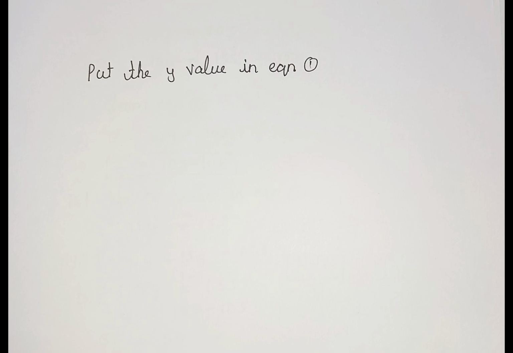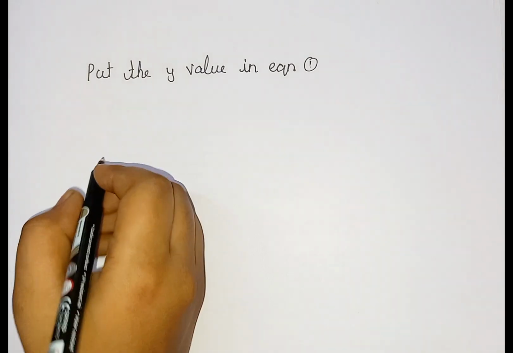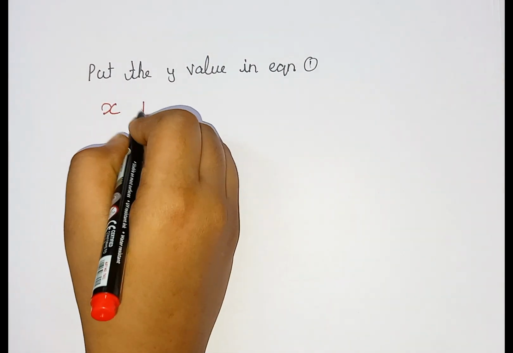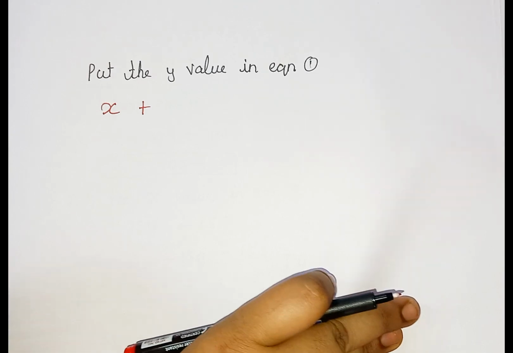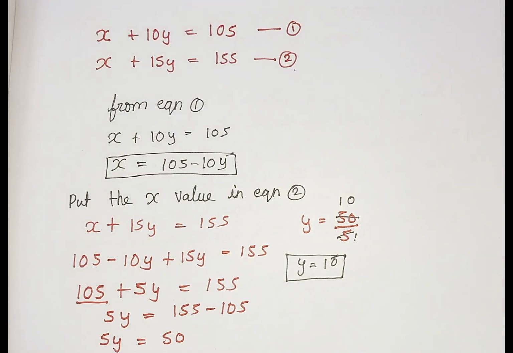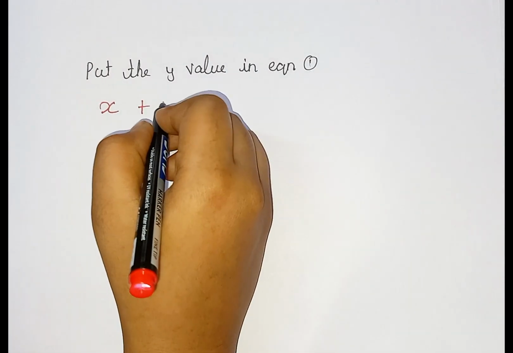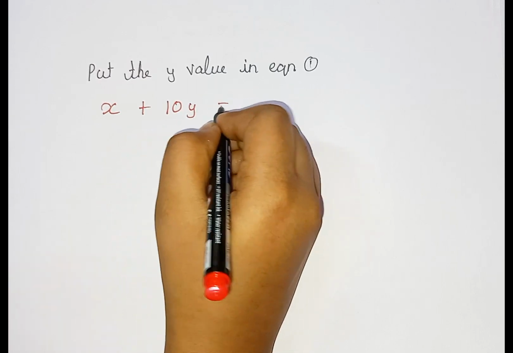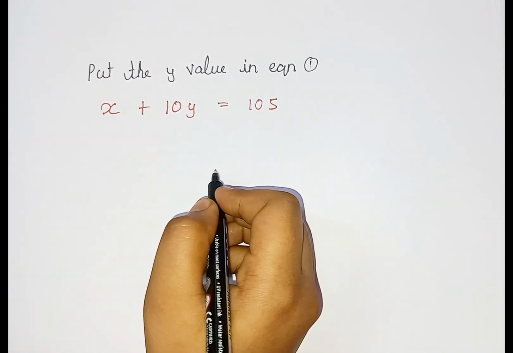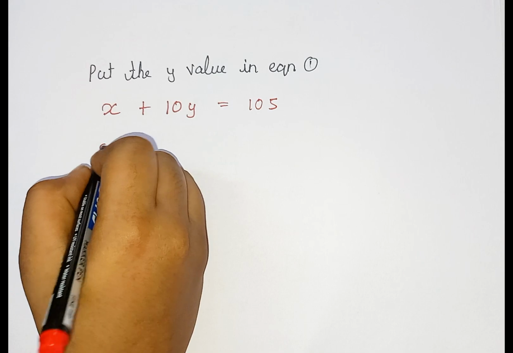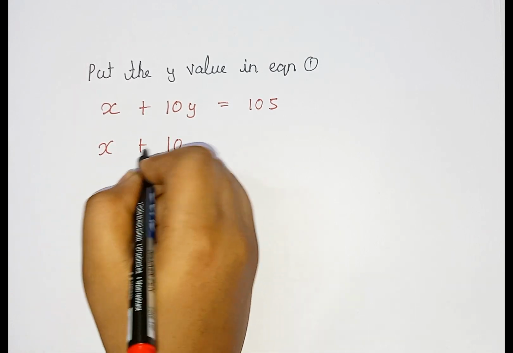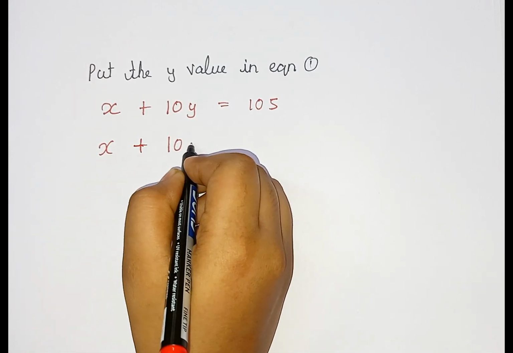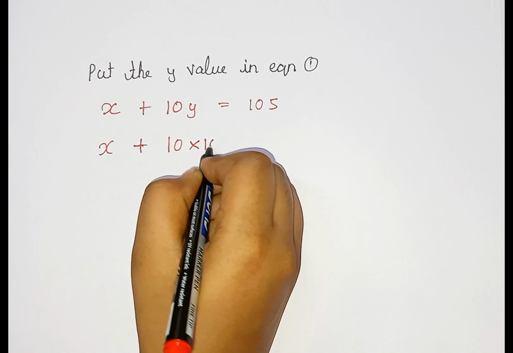So what is equation number 1? x plus 10y is equal to 105. So this is equation number 1. Here x plus 10, and the y value is 10.